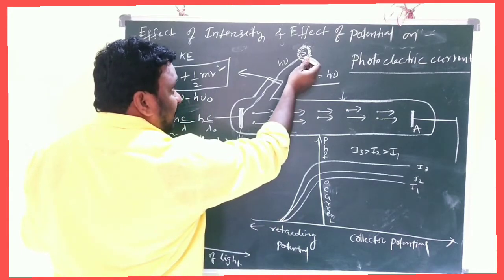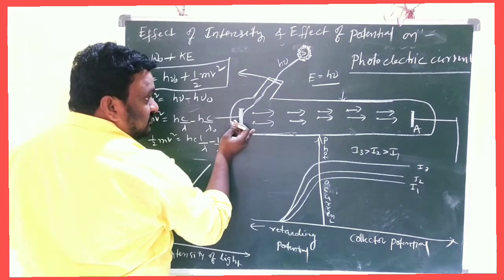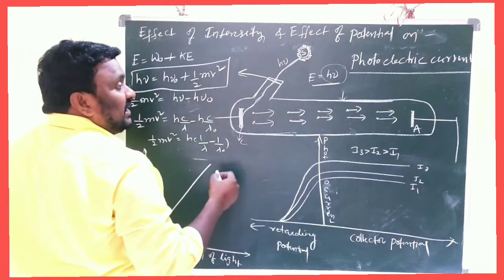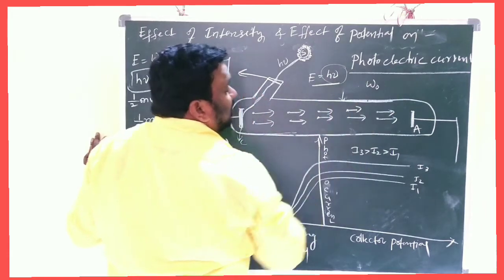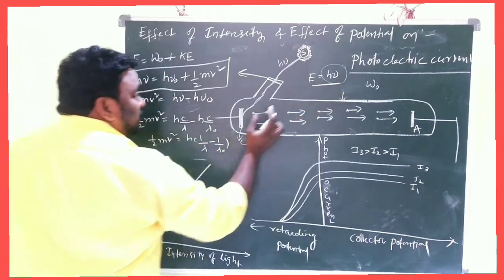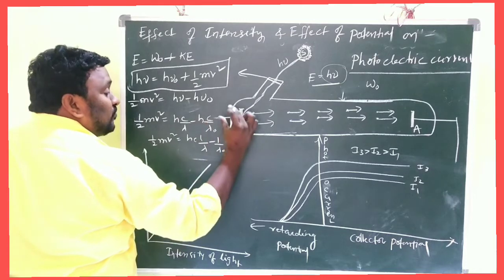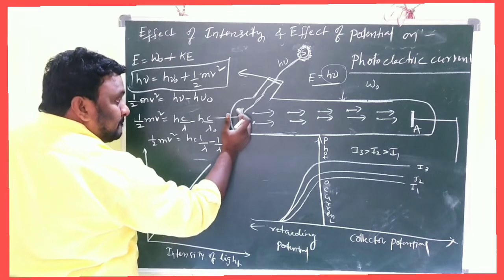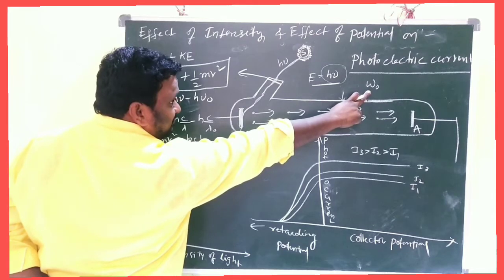When a certain amount of energy is falling on the metal surface, some part of that energy is used for liberation of electrons, that is nothing but W naught. That is commonly what we call work function.